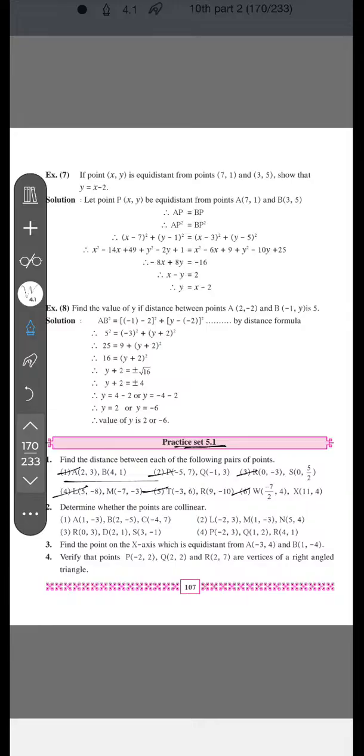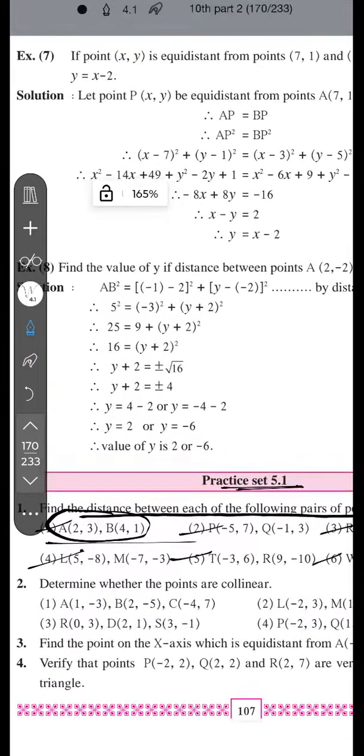So the first question says, find the distance between each of the following pair of points. Simply, I am going to take the first one. If you have a Maths 2 book, you can refer to it. It says a is 2 comma 3, b is 4 comma 1.